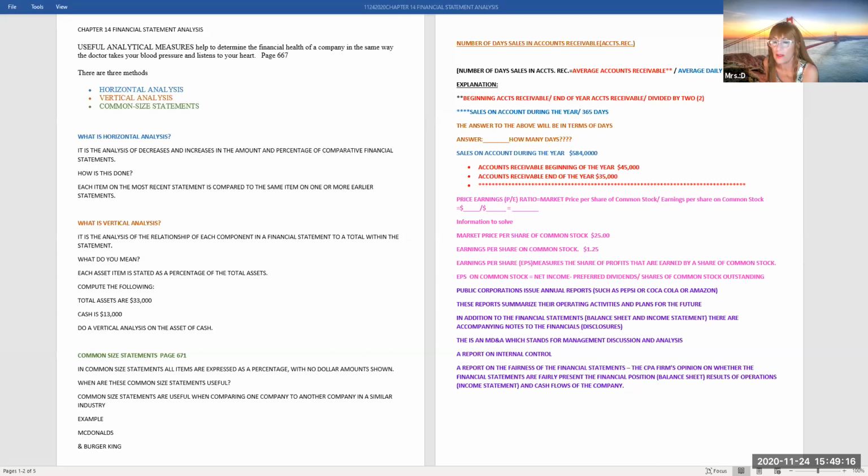We'll help you. So now we know that the numerator of this number of days sales in accounts receivable is 40,000, right? We just computed that. And we have to divide it by average daily sales. So how do we do that?